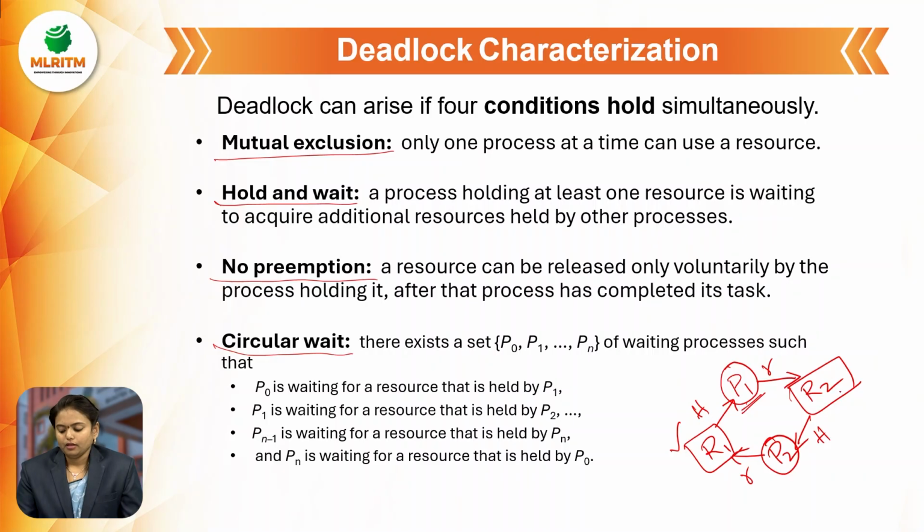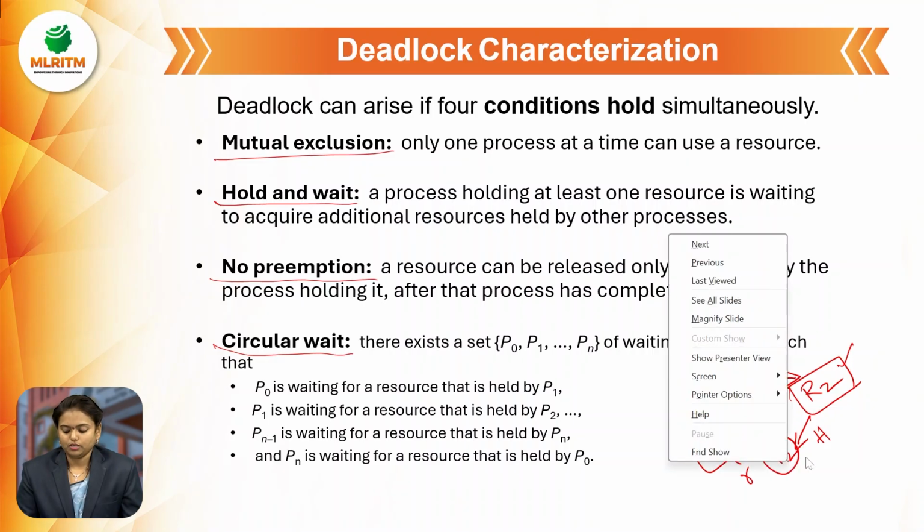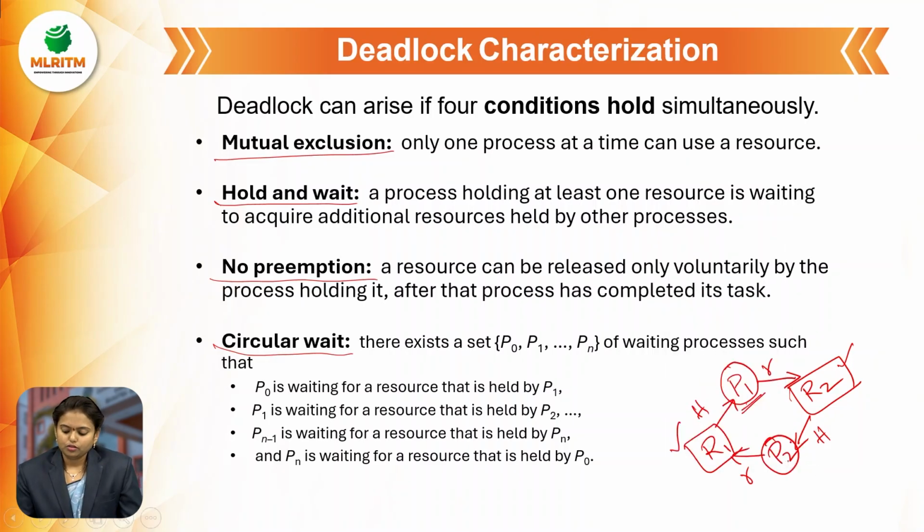At the same time, R2 is held by process P2. So, until and unless P2 execution completes, the R2 may not release. So, that means it will not be shareable to any other process. That is nothing but mutual exclusion. In that case, deadlock may occur.